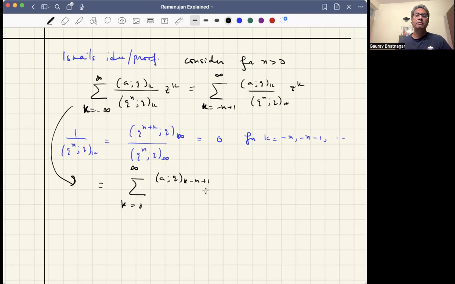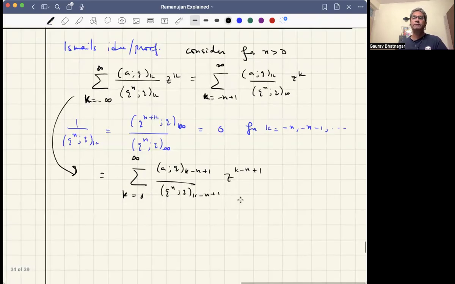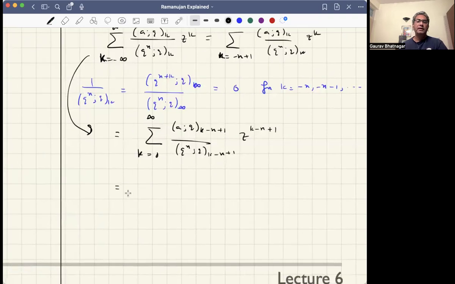So it's (q^{-n+1};q)... over (q;q)_n, q^{-n+1}, and z raised to the power -n+1. Very good. Now we split the term, so we use this identity (a;q)_{n+k} = (a;q)_k (a q^k;q)_n.